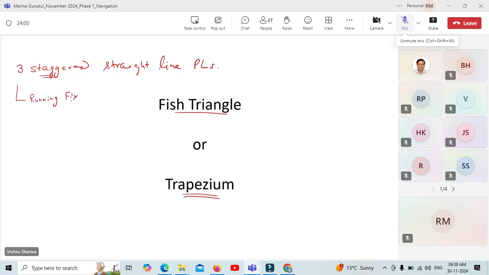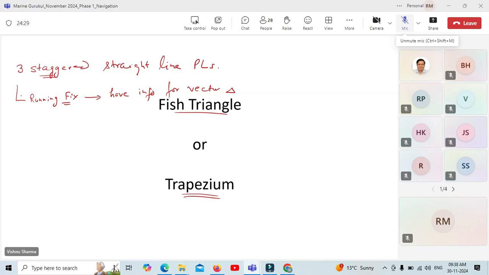Yes, but for running fix, you should have the information to close the vector triangle. Staggered observations can be handled by running fix, right? For which you need information to be able to close out the vector triangle. Am I right?